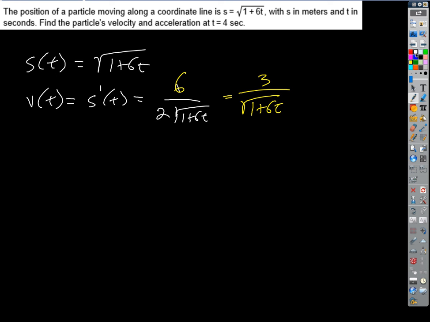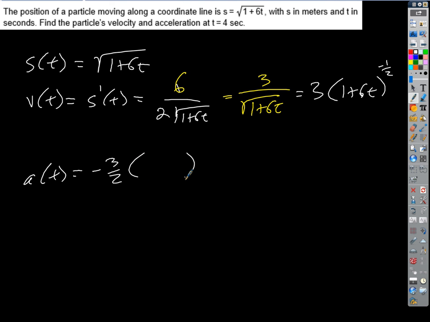And then the acceleration function would just be the derivative of that. So it might be convenient for us to write this as 3 times 1 plus 6t to the minus 1/2 because it's on the bottom, right? And so a of t then, bring that down and get negative 3/2 times the inside to the negative 3 halves, right, you gotta subtract 1.